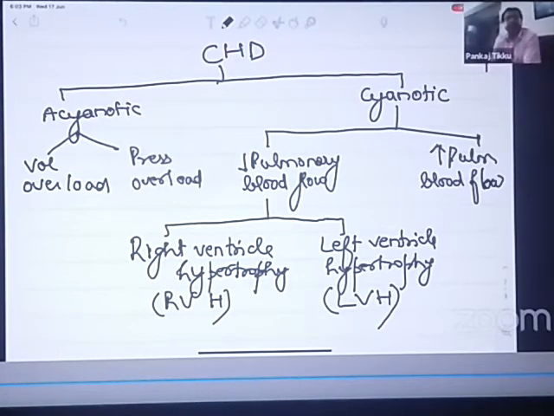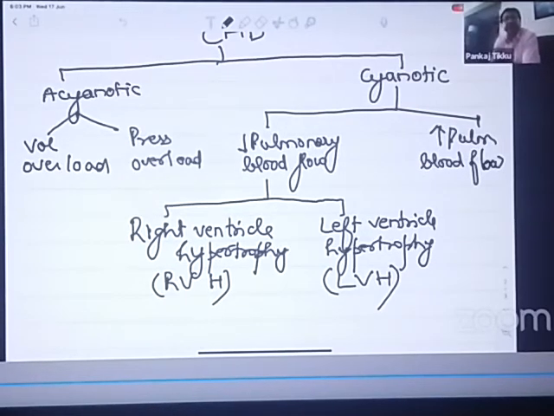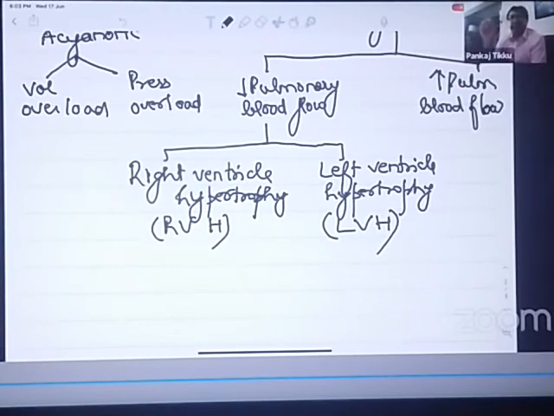Cyanotic heart disease with decreased pulmonary blood flow with right ventricle hypertrophy, and cyanotic heart disease with decreased pulmonary blood flow with left ventricle hypertrophy.